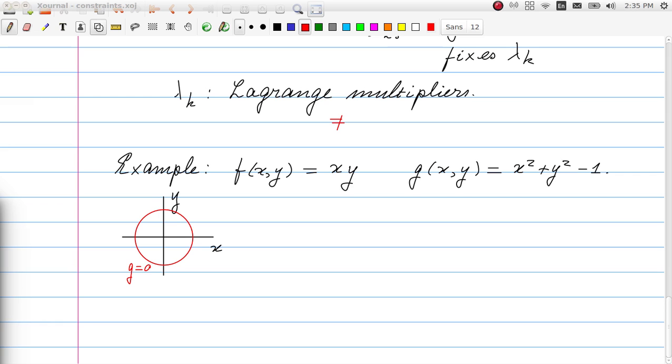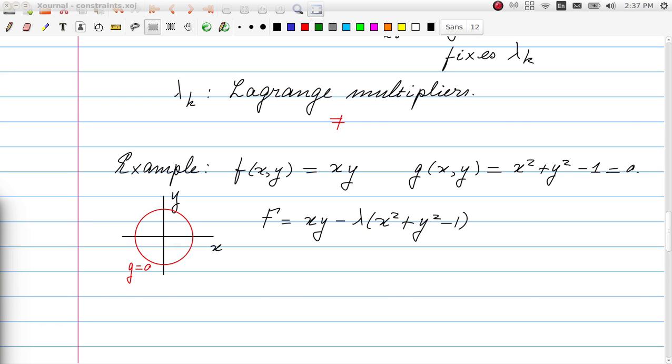So let us consider a simple example. We have a function in 2 dimensions. It depends on x and on y, f(x, y), and it's defined as x times y. And we have a constraint described by g(x, y), which is x squared plus y squared minus 1. That should be 0 on the constraint, which means that x and y are located on a unit circle around the origin, and so we need to find the minimum and maximum values of f on that circle.